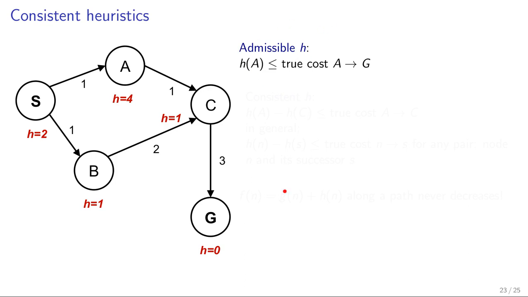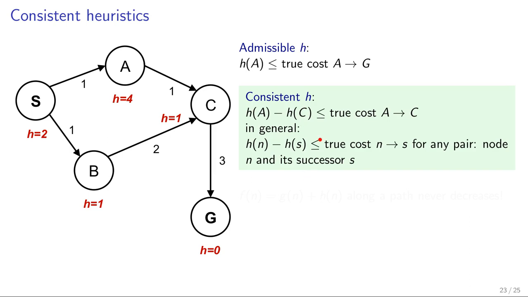Admissible we had, that was clear, and consistent is that there is a heuristic value for A and for C, and their difference should be smaller or equal to the true cost from A to C. Okay, so it kind of makes sense, right?